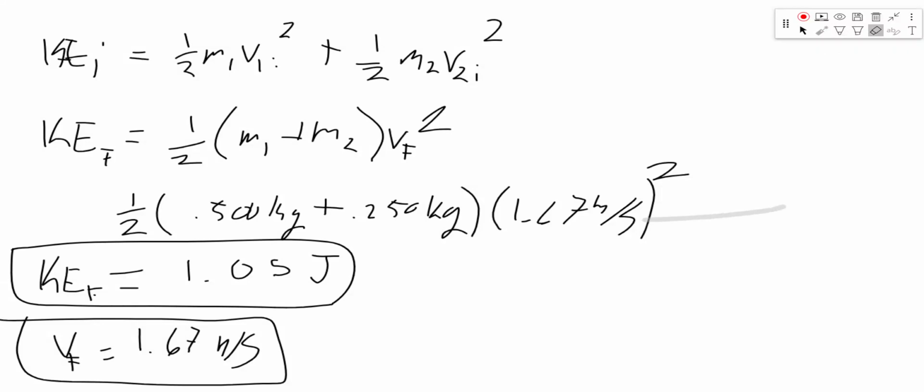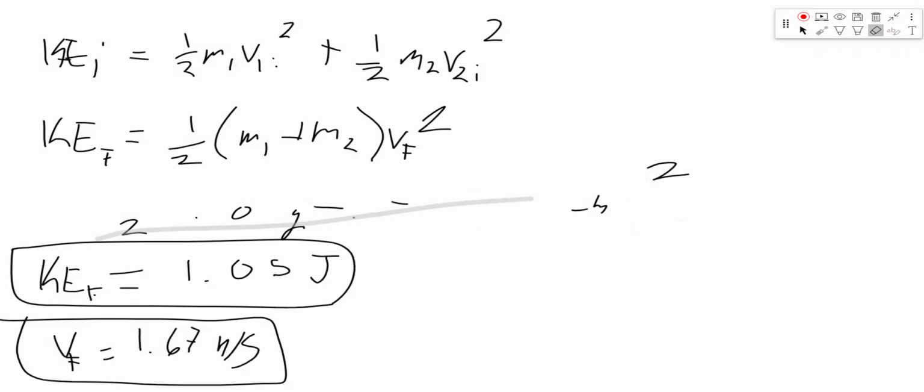And then we'll erase what we have here and get our kinetic energy initial.